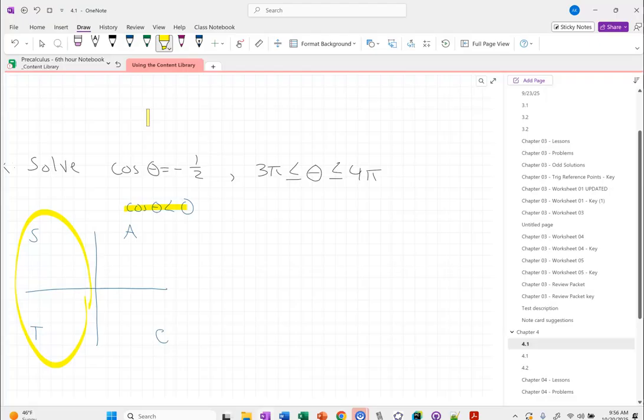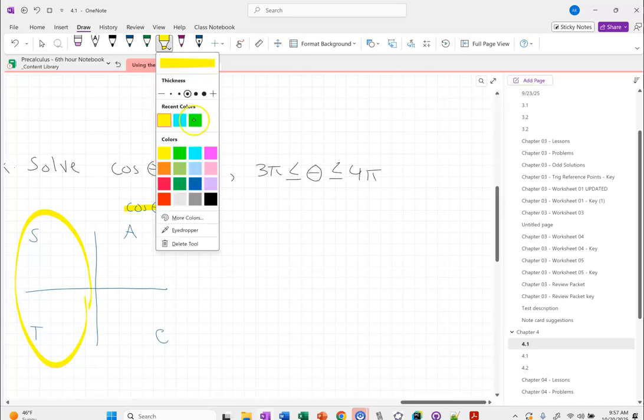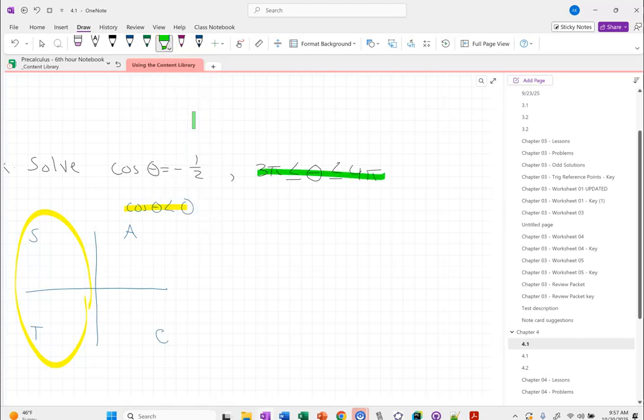Okay. All right. Then we go and we look at the interval we're given. So we'll just count around. So which way are we going to be counting? Clockwise or counterclockwise? Oh, no. Counterclockwise because the angles are positive angles, right? You probably would have gone the right direction. You just forgot the difference between clockwise and counterclockwise.